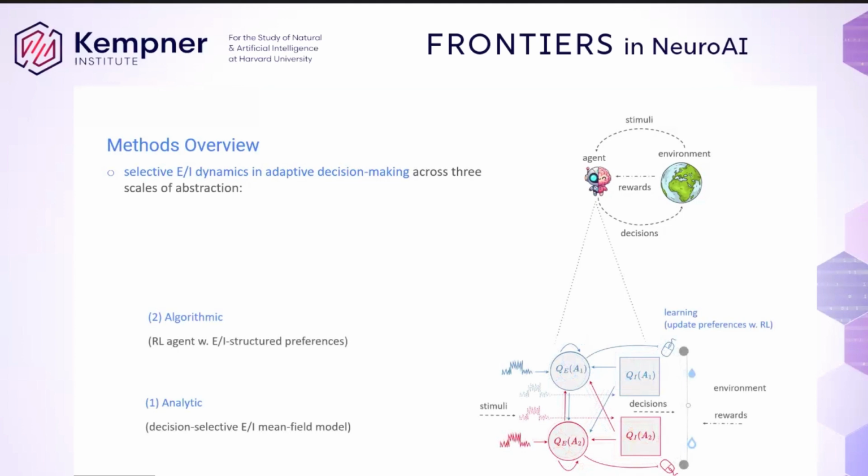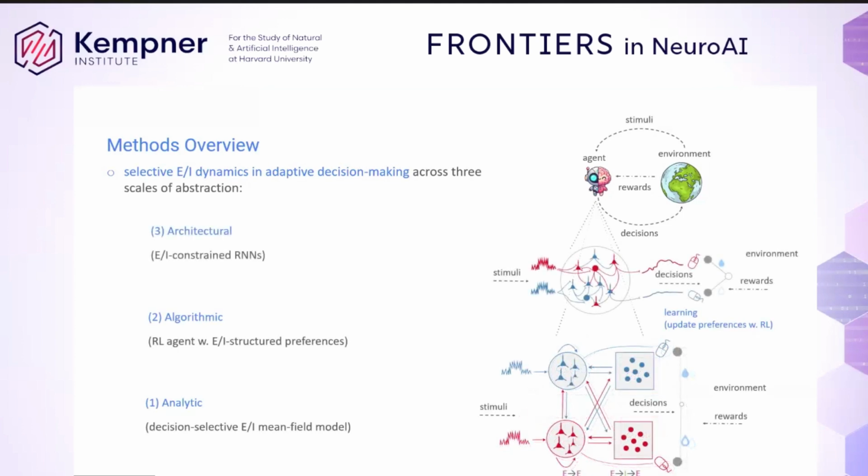Then at the algorithmic level, we put the EI principles in the preference functions of an RL agent to see how these interactions modify behavioral adaptability to dynamic environments. And finally, at the architectural level, we take EI-constrained recurrent neural networks to see how these motifs appear in learnable models in the same kind of dynamic tasks.